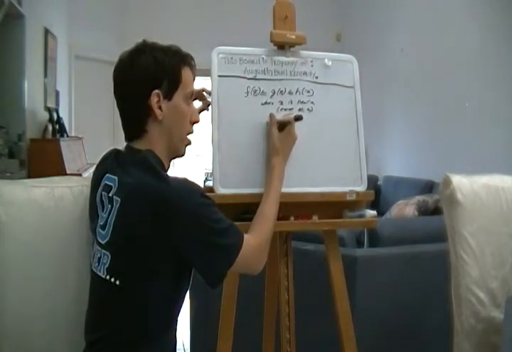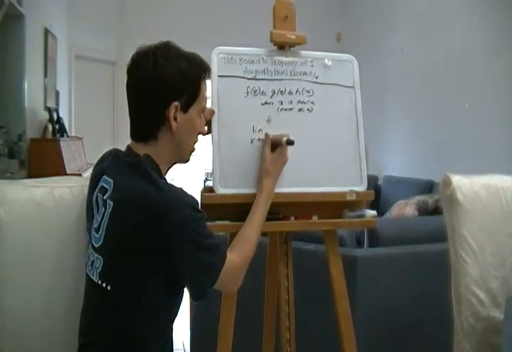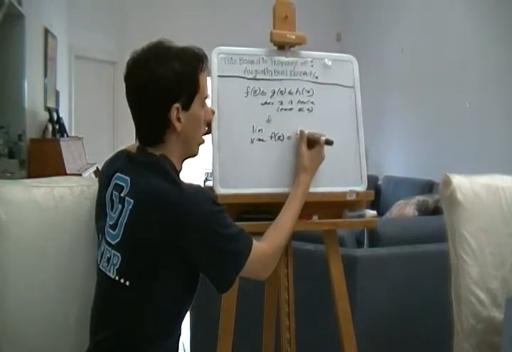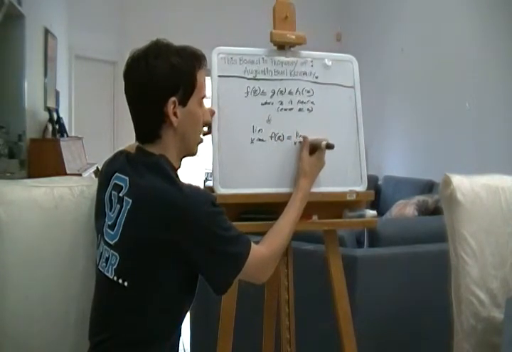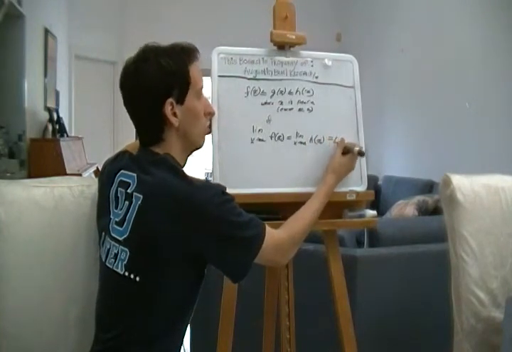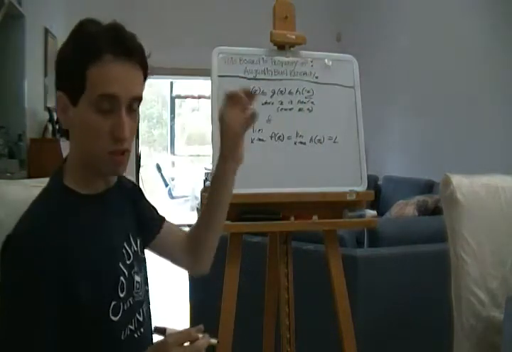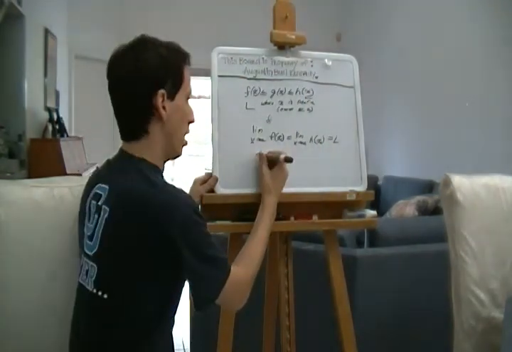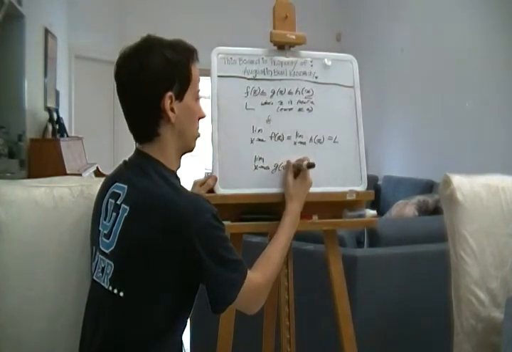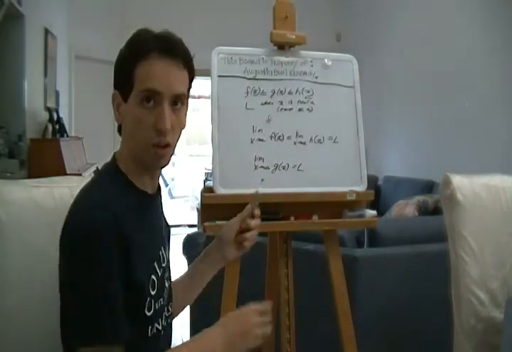And the limit as x approaches a of f of x is equal to the limit as x approaches a of h of x. If those two limits are equal and g is in between them, then the limit as x approaches a of g of x is the same. That is the Squeeze Theorem.